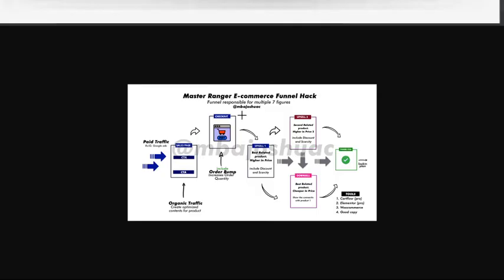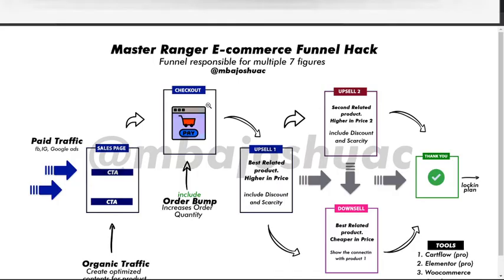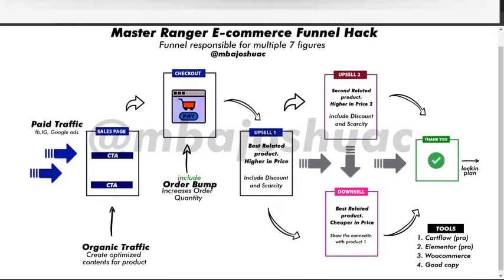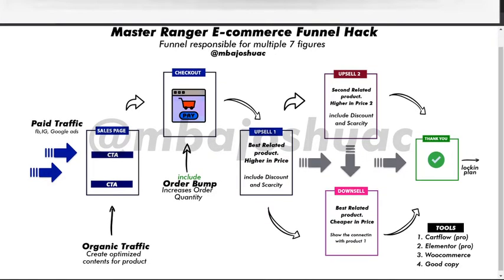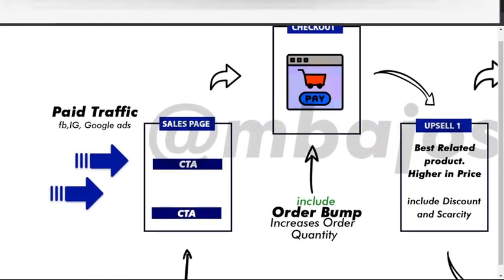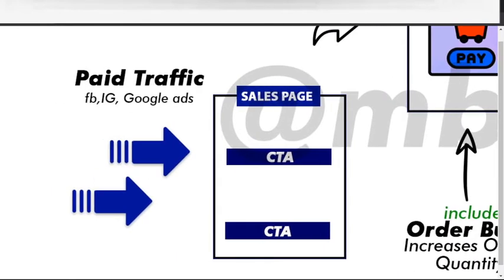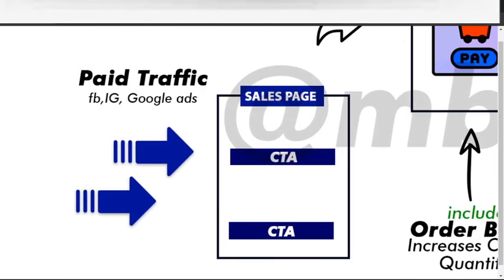I'm going to do the typical explanation step by step, like a general overview, give you the theoretical aspect. Of course, you should be writing down stuff as you want. This is the new funnel that I'm about to show you right now. The first section, I'm going to zoom in to make sure everybody is seeing it very well, is this part, right? So you have the paid traffic section.